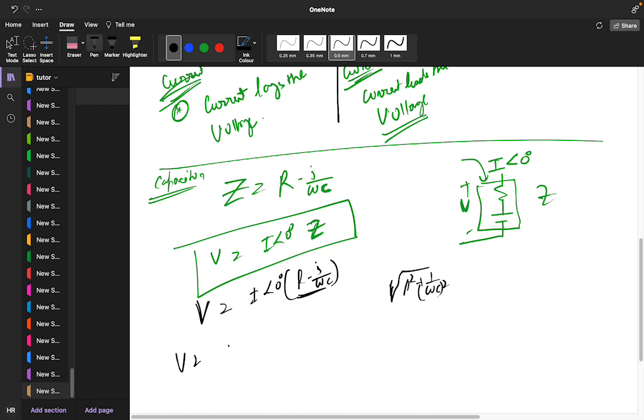So you are getting V equals I into mod Z, and here angle 0 degree is there, and the angle of this Z will be how much? Tan inverse B by A. So B is minus 1 by omega C, over R. So tan inverse of minus 1 by omega RC. Am I correct?